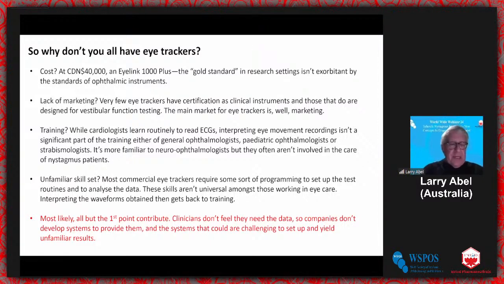Neuro-ophthalmologists do somewhat, but they don't generally look after nystagmus patients. And setting up eye trackers mainly requires a degree of computer programming, which isn't often found in eye care settings. And the analysis, again, is unfamiliar, looking at these squiggles. So probably all of these points except cost play a role. So what can be done?